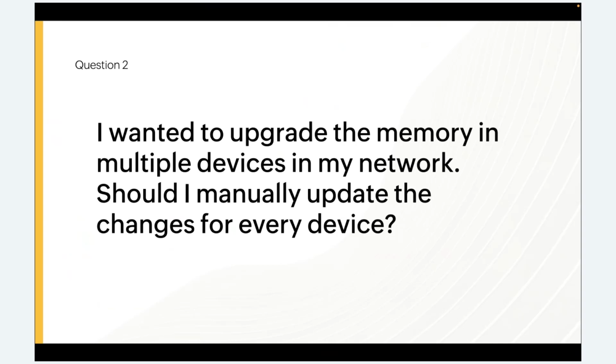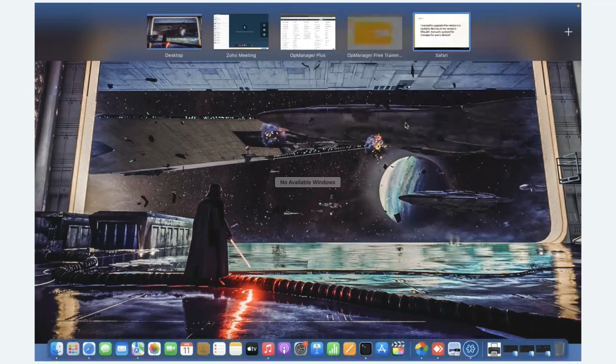When you rediscover, all the updated values will get reflected in OpManager and you don't have to update them manually. Also, I must say that any change in interface properties like speed, description will be updated automatically every 24 hours. So let's see how rediscovery works in the product.